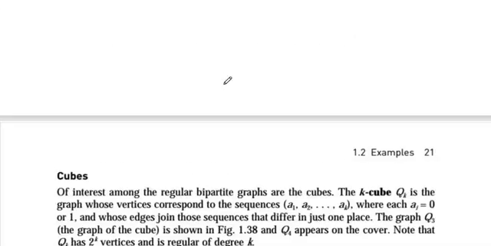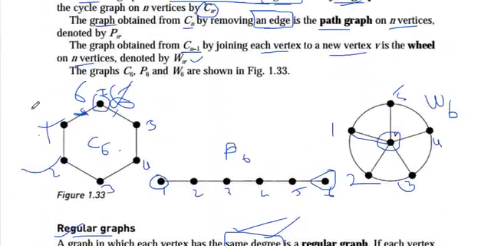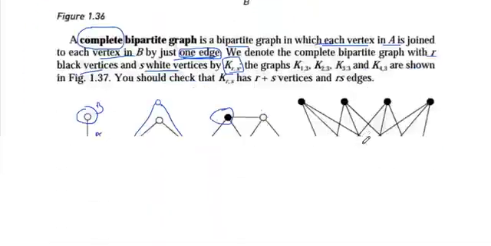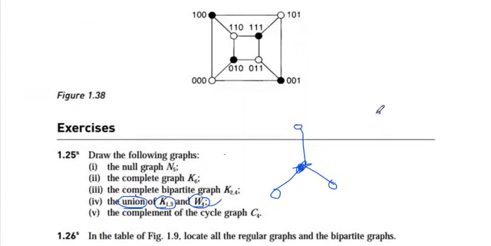Then the wheel of 4. What is a wheel? First of all we draw a cycle graph of 4. Then we add a center and join it with each vertex. Let's say vertices 1, 2, 3, and the center.